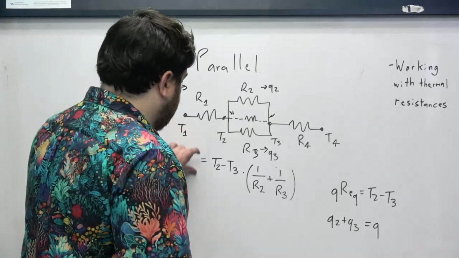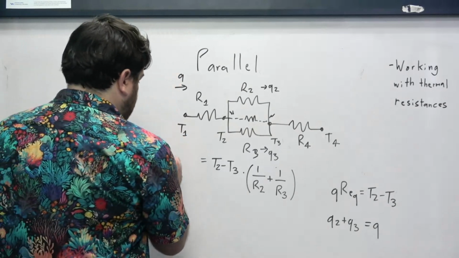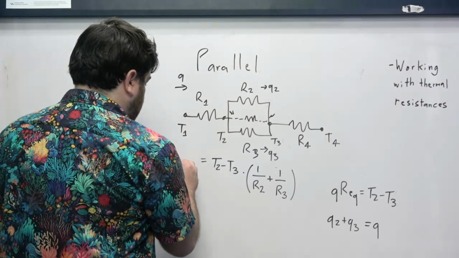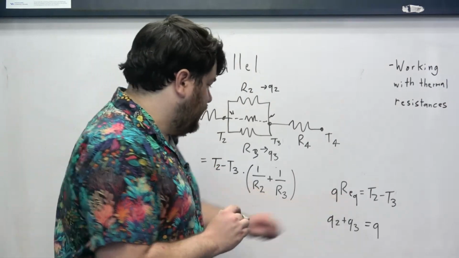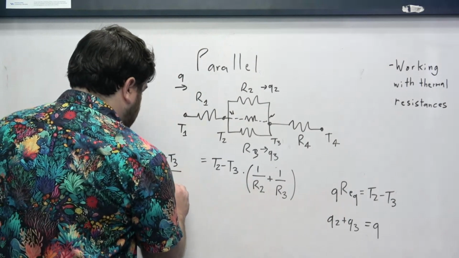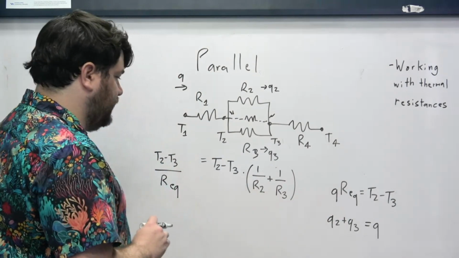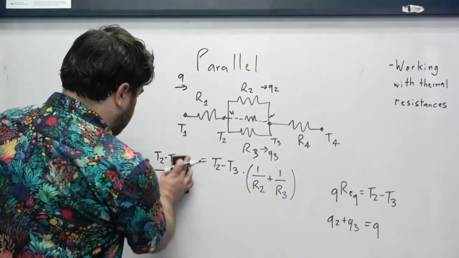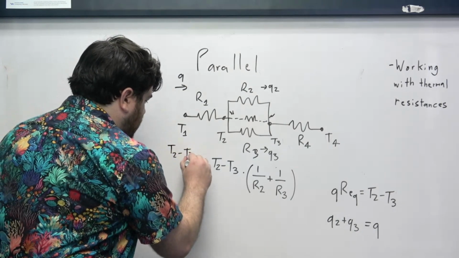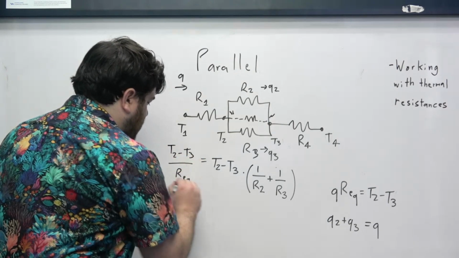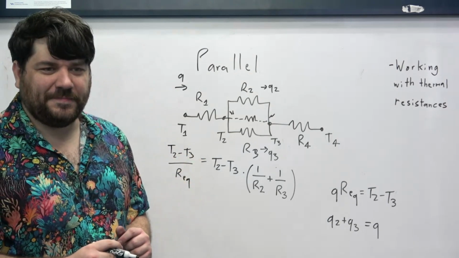And then I can say, oh, well, this Q is just equal to T2 minus T3, divided by the equivalent thermal resistance. And maybe I'll write this a little bit closer so that you can actually see it. T2 minus T3 divided by the equivalent thermal resistance.